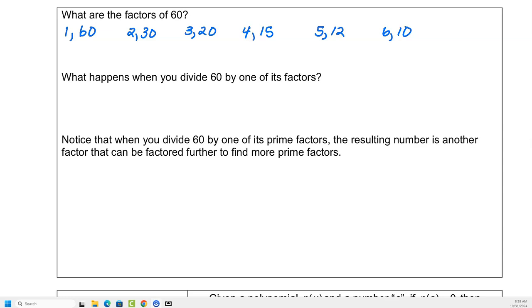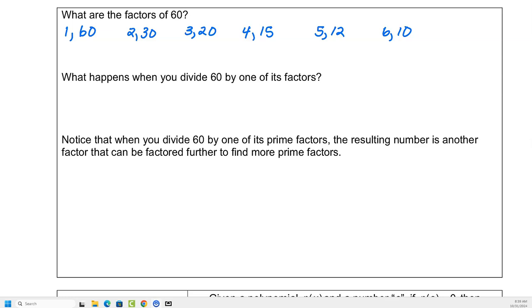What happens when you divide 60 by one of its factors? So what's 60 divided by 30? 2. What's 60 divided by 3? Good.